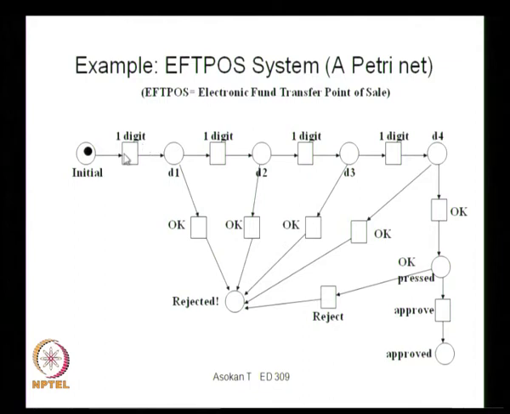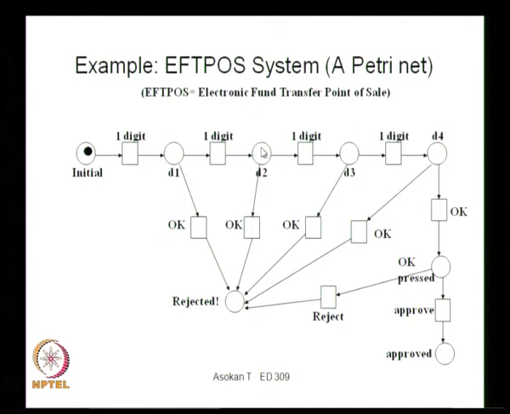So once the initial token is available, you can provide the first digit as a transition, and once you do this, there is a token over here, then you can insert the next digit, and once you have the next digit, you will have your next transition. This is the third digit, then the place will come here, and it keeps on going through this loop.